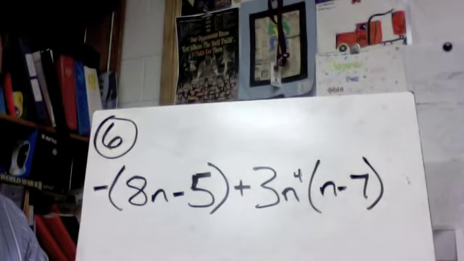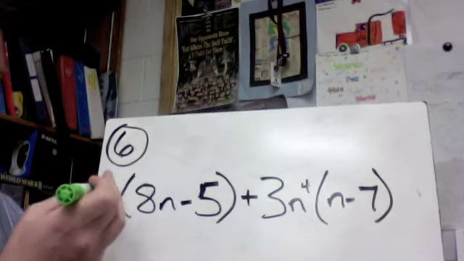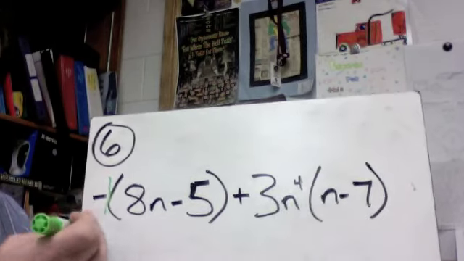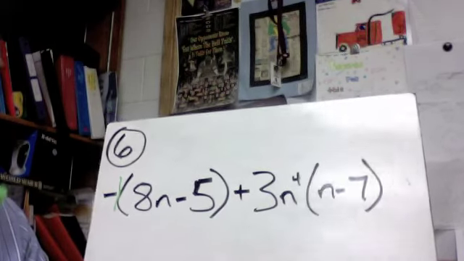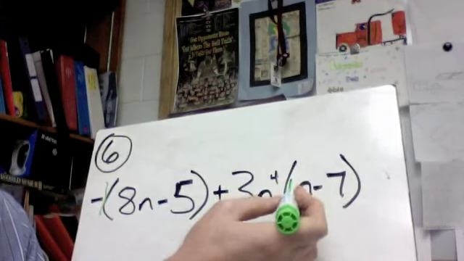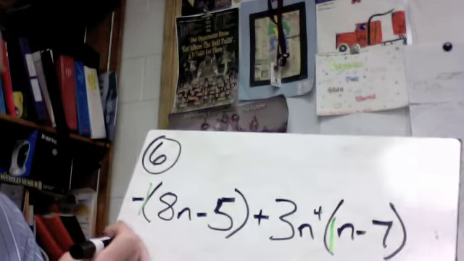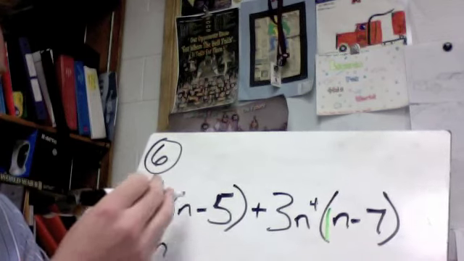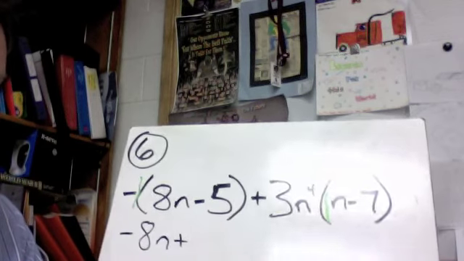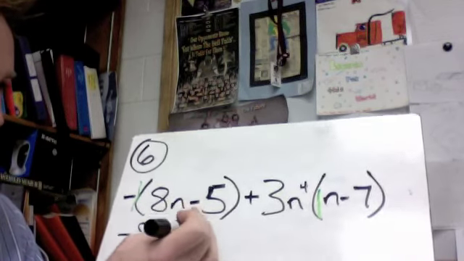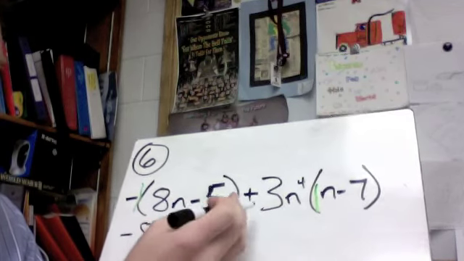Alright, number 6, we've got this negative symbol on the outside again, so if you want to draw that 1 in there, you can. If you've done this so many times that you don't need to do that, that's also okay. I'll put the 1 in there anyways as well. So then we've got negative 8n, that would be positive 5, I almost put 6, positive 5.